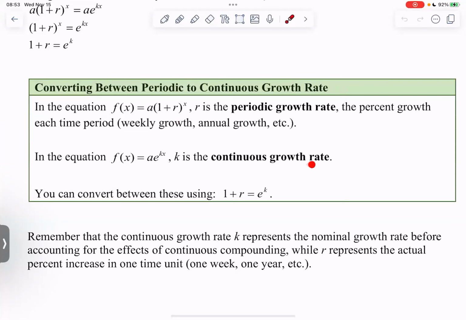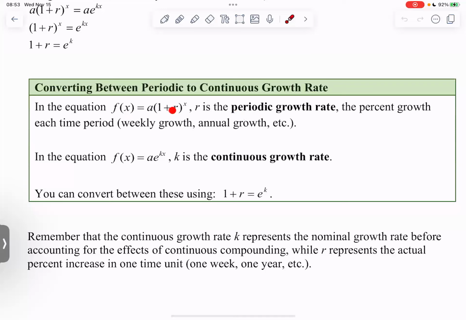Moving from a continuous growth rate, which looks like a times e to the power of k times x, we can say, okay, if I have a periodic growth rate, this looks similar. What's happened?